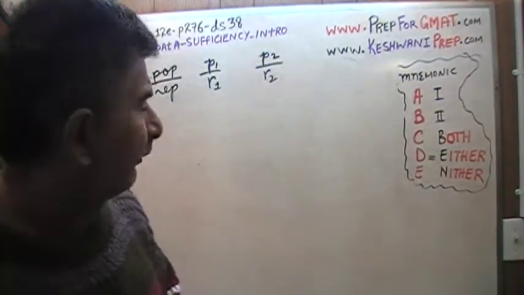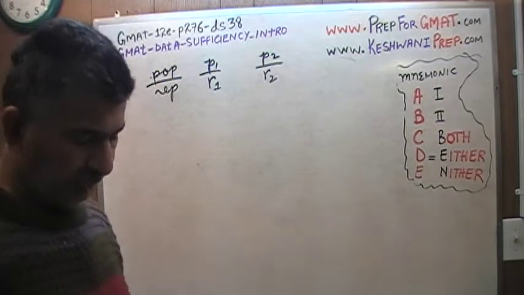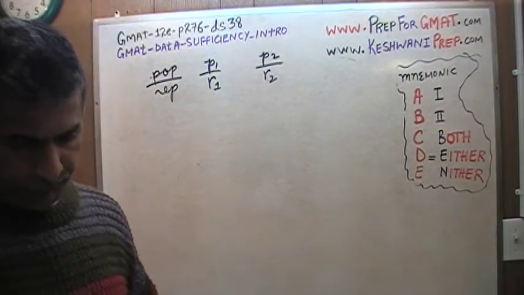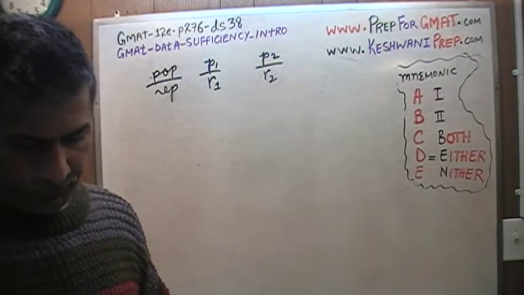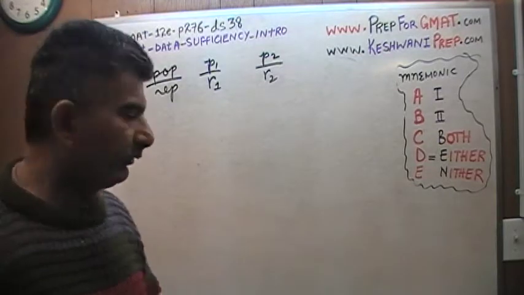They want us to find out which ratio is greater, this ratio or this ratio, population to representatives. The ratio of population and number of representatives is greater for each of the two districts. Alright, let's see what the first statement gives us.